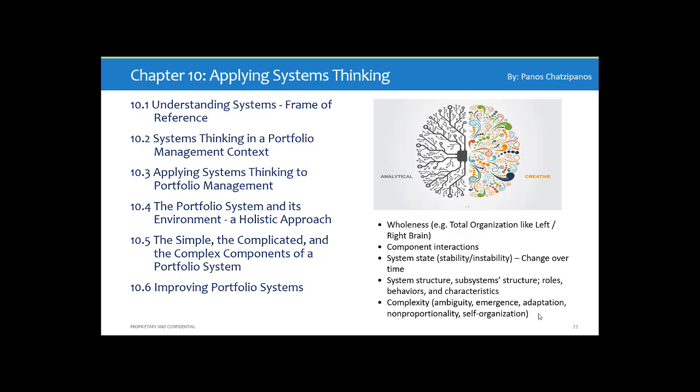The main themes discussed in this section are that portfolio systems are transformational and adaptive to emergent environmental change, may self-organize, and that certain parts of the portfolio system usually exhibit non-proportionality. Small changes can create disproportionately large consequences. The section contains a discussion of the characteristics of complex adaptive systems and of their effects.